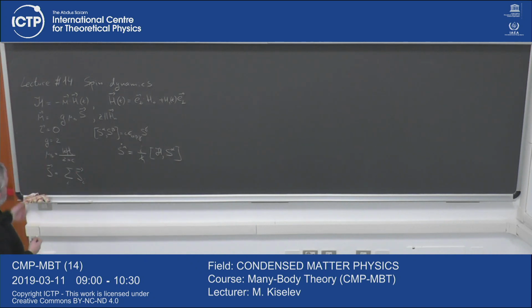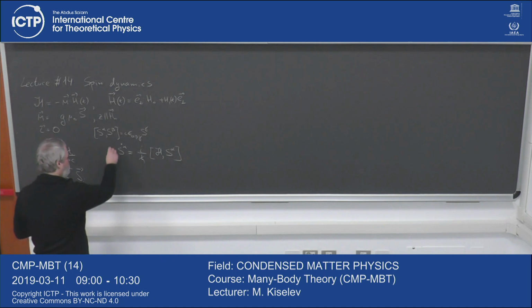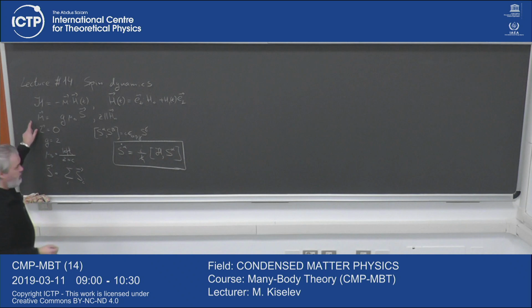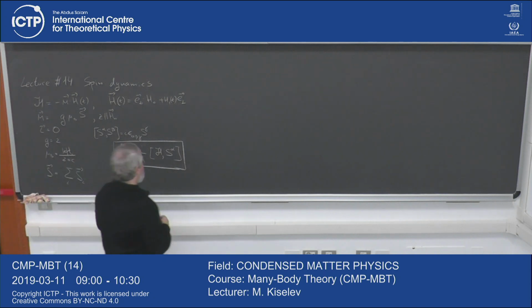So let me plug in the algebra and Hamiltonian and derive the equation of motion for the total magnetization. This is the logic. I will start with the Heisenberg equation of motion, derive the equation of motion for the macroscopic parameter magnetization, and then we will construct the solution of this equation in some particular situations.